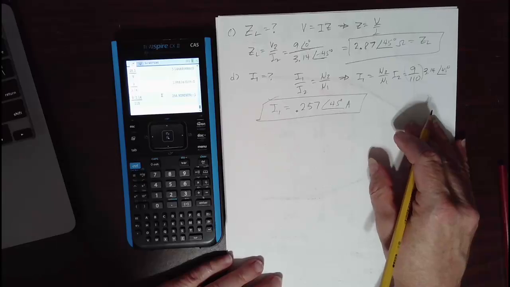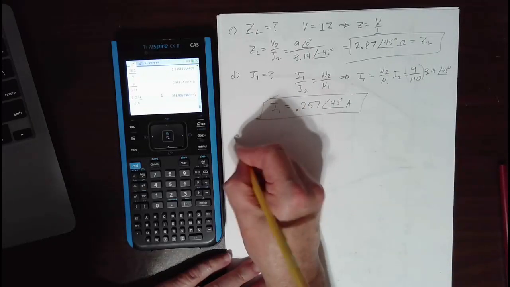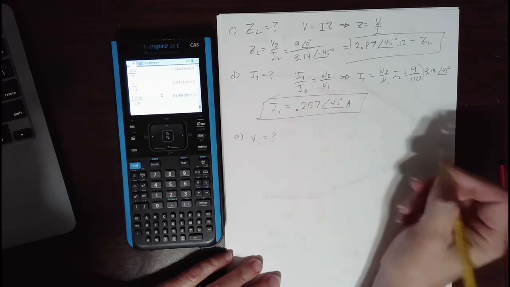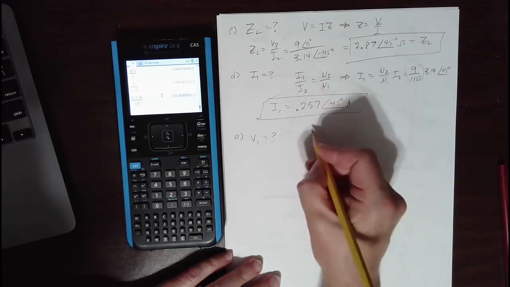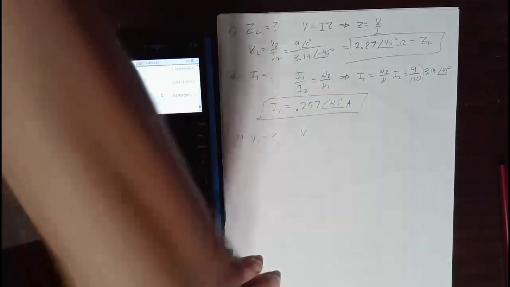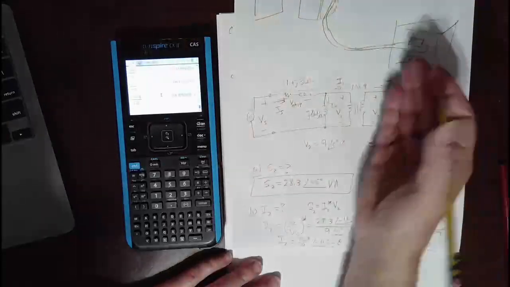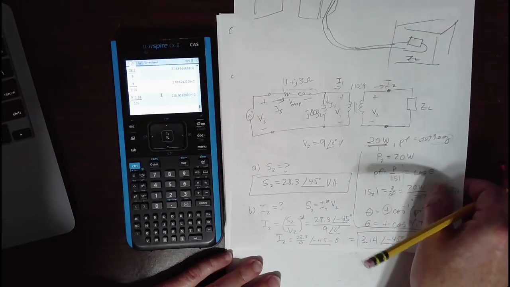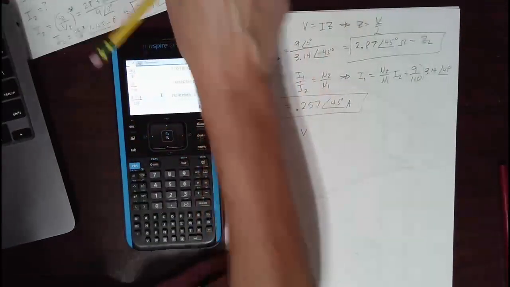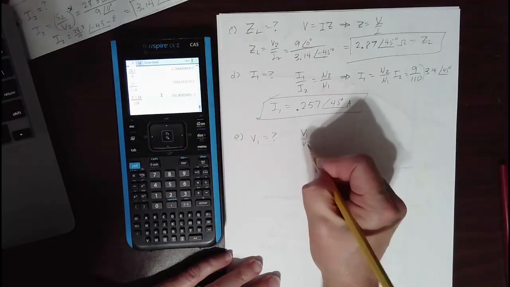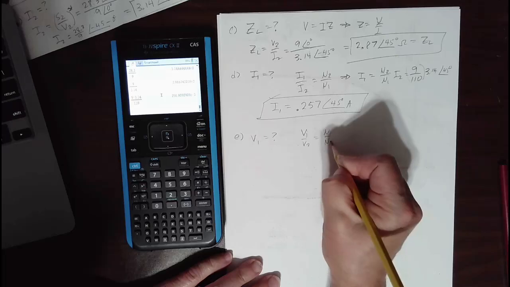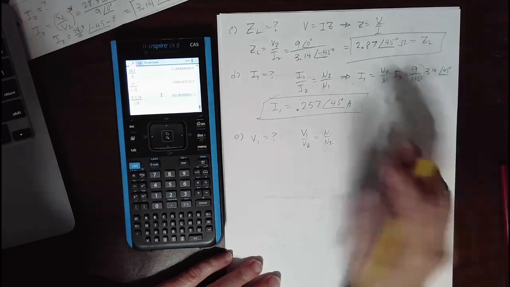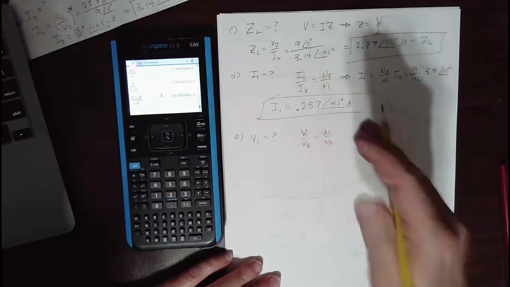Alrighty. E. What is V1? Same idea. We have the transformer equation because we're bringing the information through the turns ratio so we can keep on solving our circuit. So we have our other transformer equation. V1 over V2 is N1 over N2. So this is just the opposite. The more turns there are, the more voltage there is. You know, from Faraday's law, V is N dphi dt.